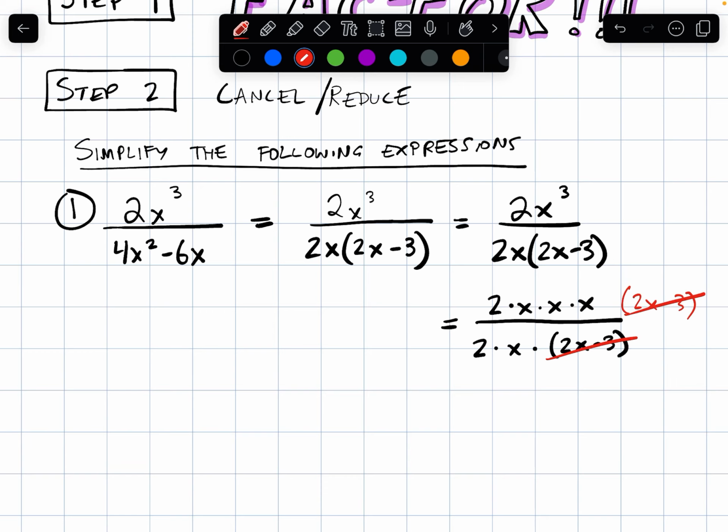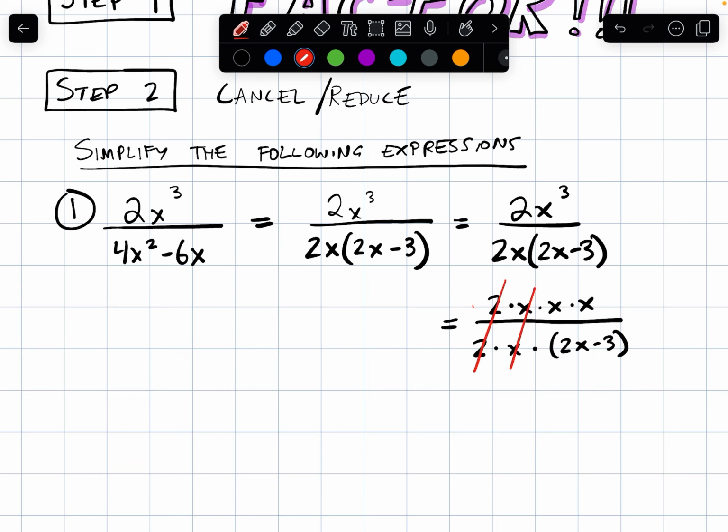If this was the case, then we could cancel these. But because we don't have something identical in the numerator, don't think you can just go ahead and cancel this 2x and that 2x. That is not how that works, right? The subtraction symbol here, or whether it's addition, is going to keep this group together unless you have something identical in the numerator that you can cancel out.